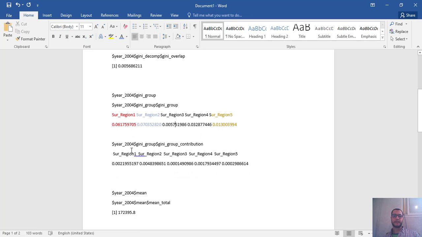And here we have the Gini Group contribution. For example, region 1 contributes to the total Gini with this percent. And region 5 contributes with this percent.